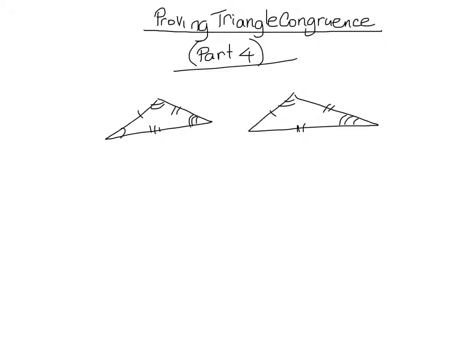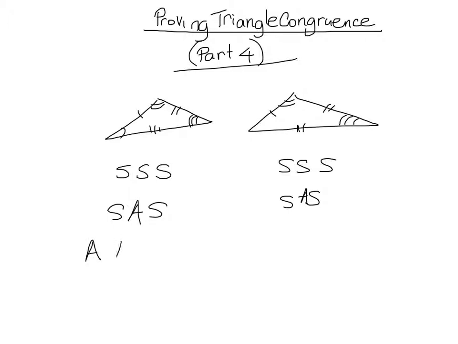You can prove that two triangles are congruent by checking all three sides, or you can check two sides and the angle between, or you can check angle, angle, side. So all of these situations will prove that two triangles are congruent.